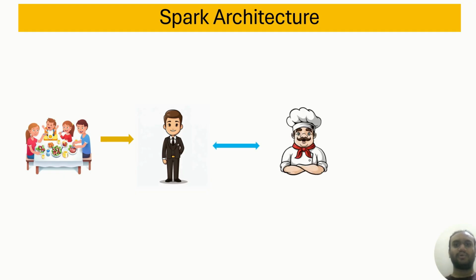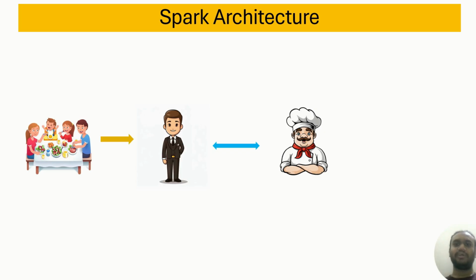Now that person will go inside the kitchen of the restaurant to the head chef, who actually manages the chefs who are cooking for you. He will ask for the available chefs who can help in cooking the multiple dishes you have ordered: noodles, Chinese, or pasta.